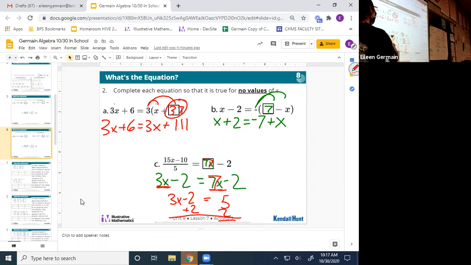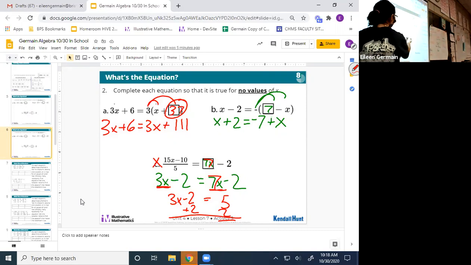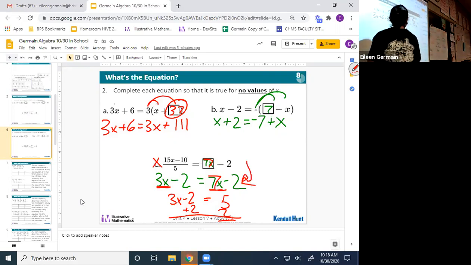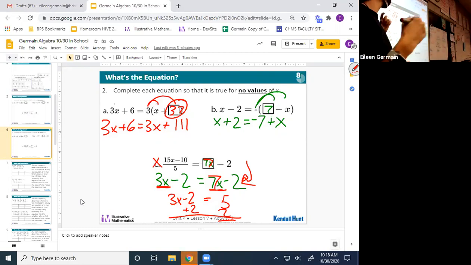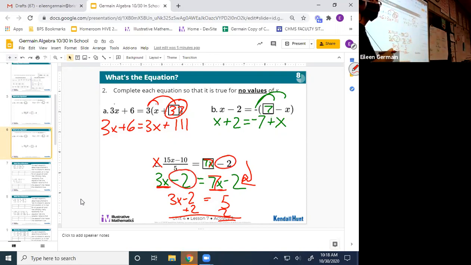So this one is impossible to do. Well, if you plug 9 in though, Glenn, it's going to do the same thing that I just wrote here. It's going to get you equal to one value. We want to get it equal to no values. And there's no way that we can do that with this constant of negative 2, because the constants are the same on each side. Does that make sense? That one was a little bit tricky.